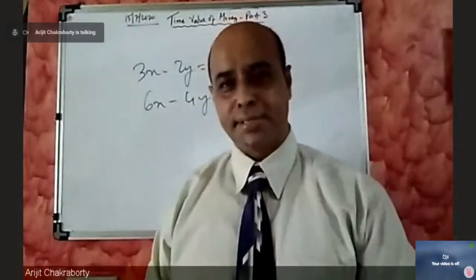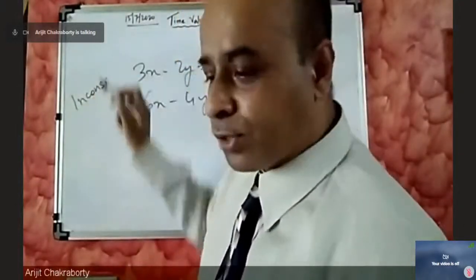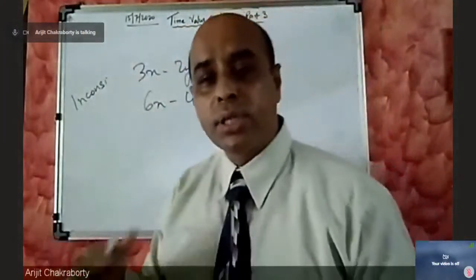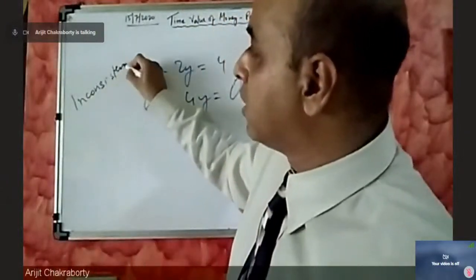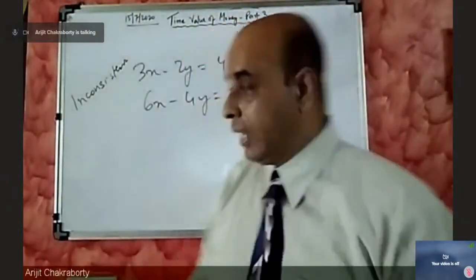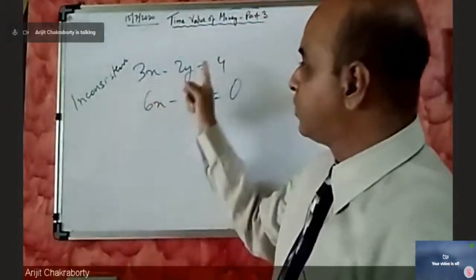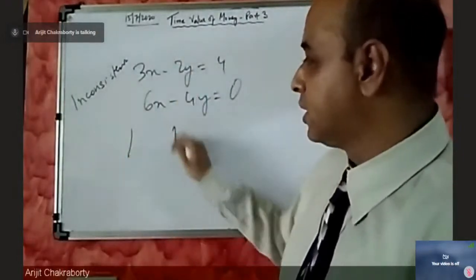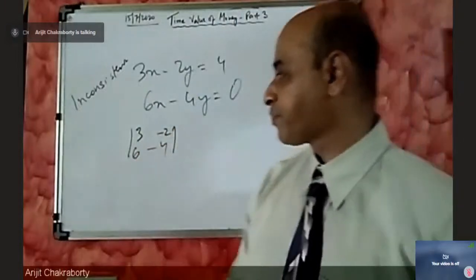Are they consistent? So the question was on inconsistent. Sir, can you give a situation where we are going to get an inconsistent solution? Right. Now, first of all, if you find out the determinant of these two equations, you get 3, minus 2, 6 and minus 4.